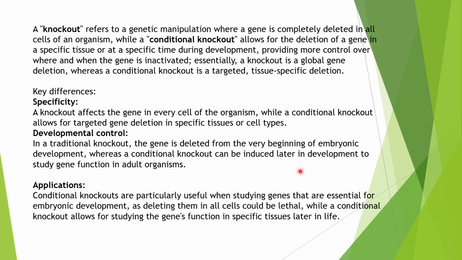That is, before it can completely develop into an organism, during the embryonic stages itself, the gene knockout is done, and now in the entire organism, the gene will not be expressed. Whereas in a conditional knockout, it can be induced later in the development to study gene function in adult organisms.